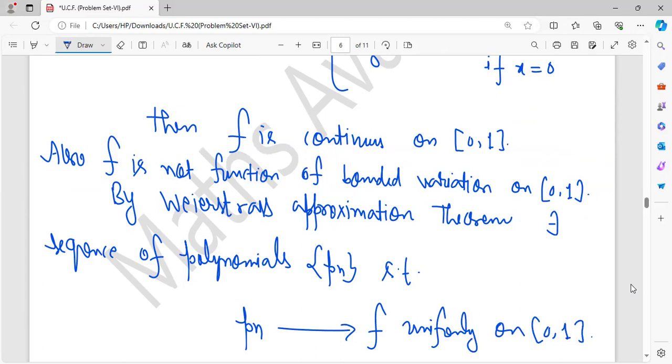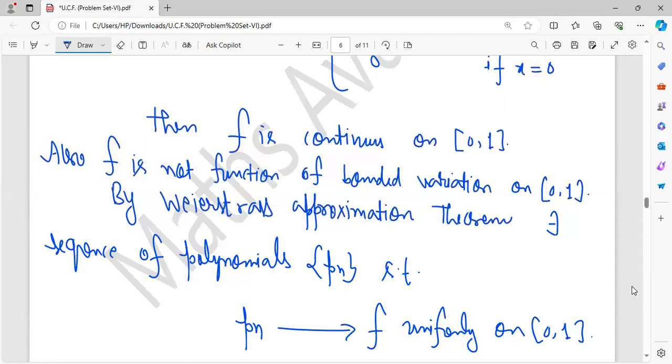We have seen the Weierstrass approximation theorem. I have made a separate lecture on it, titled Weierstrass approximation theorem. You can see my playlist Uniform Convergence of Function.